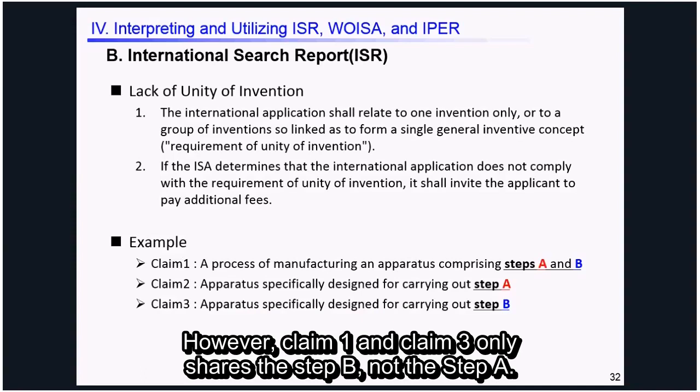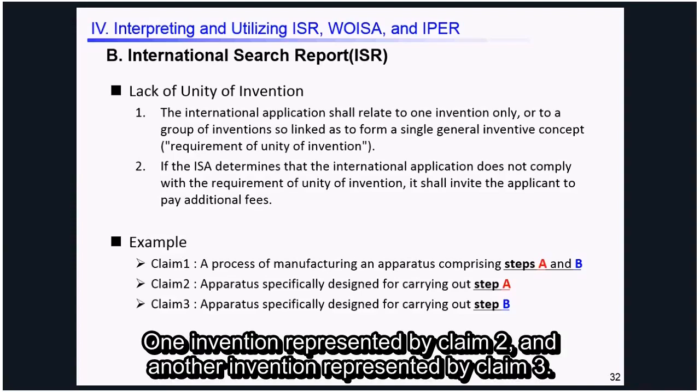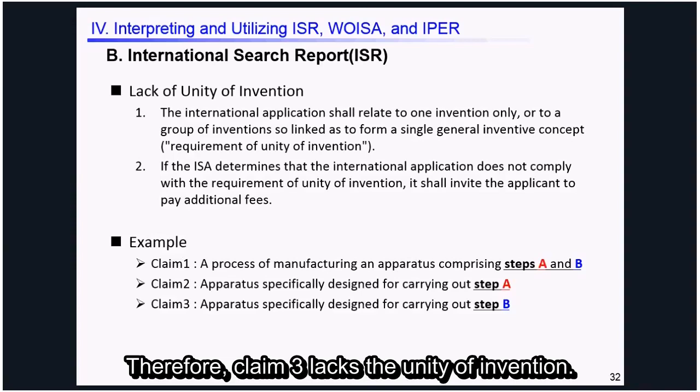However, Claim 1 and Claim 3 only share Step B, not Step A. Unless Steps A and B form a single inventive concept, 2 inventions are included in these claims: one invention represented by Claim 2 and another invention represented by Claim 3. Therefore, Claim 3 lacks unity of invention.